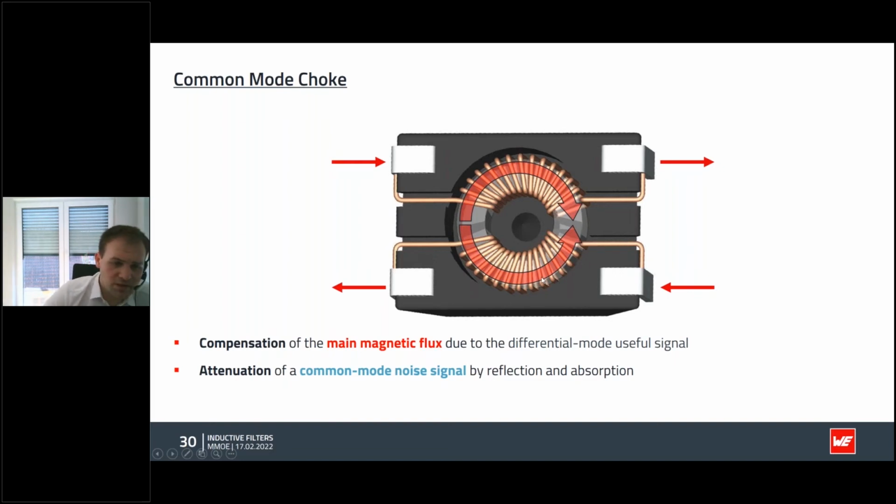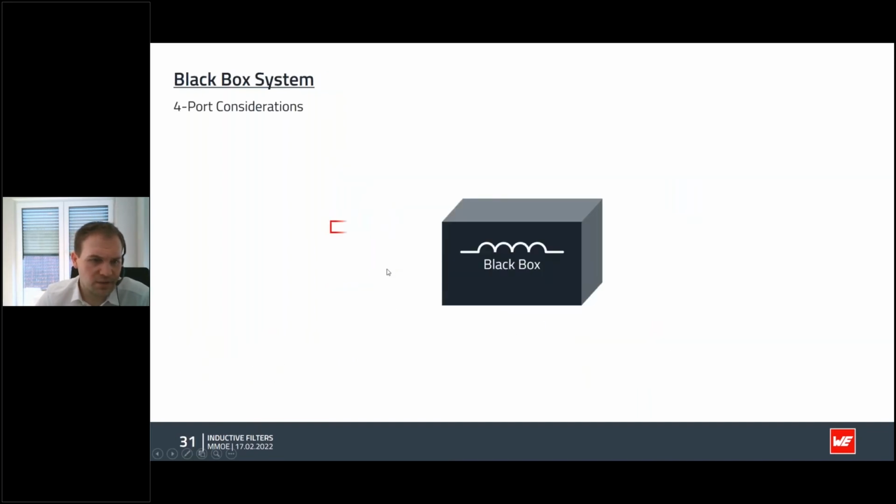However, for the common mode signal, there will be a resulting magnetic field inside the core, meaning that we will have actual magnetization or core losses inside the common mode choke. So we will have actual attenuation of the common mode signal without affecting signal integrity.